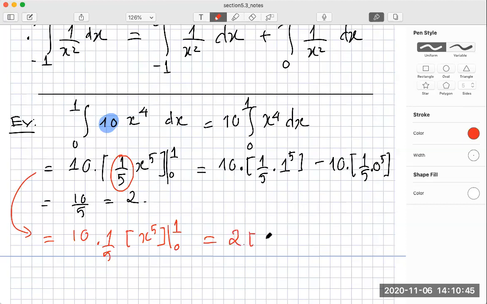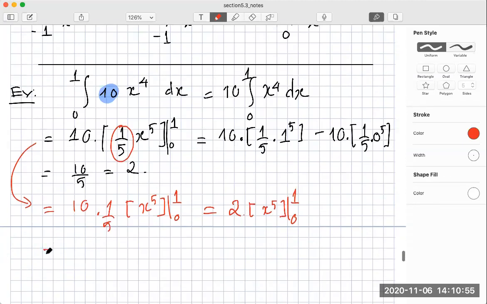Yes. When x is from 0 to 1, then it will be 2 multiplied with 1 to the 5th minus 0 to the 5th here, or simply 2 multiply 1.